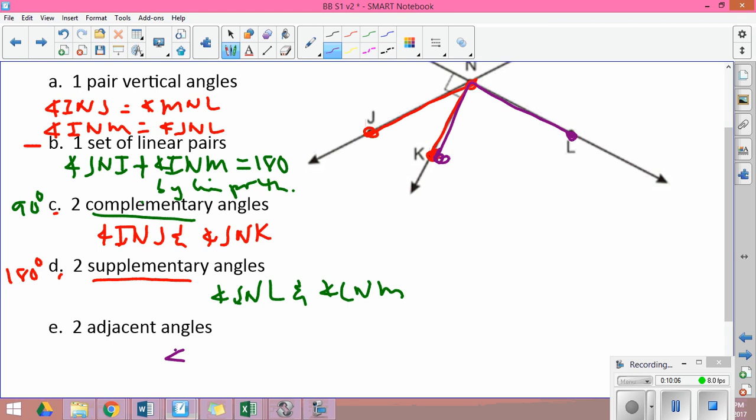So I could say angle JNK and angle KNL are adjacent. Just remember, with adjacent, we have no idea what they add up to. We just know they share a vertex, N, and they share this side right here, NK.